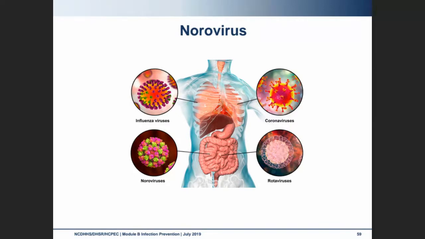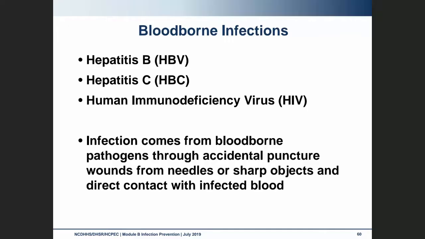Now we're going to talk a little bit about bloodborne infections. When we talk about bloodborne infections, these are harmful germs that are found in human blood that can cause infection or disease. The 3 most common bloodborne pathogens are hepatitis B, hepatitis C, and the human immunodeficiency virus, or HIV.